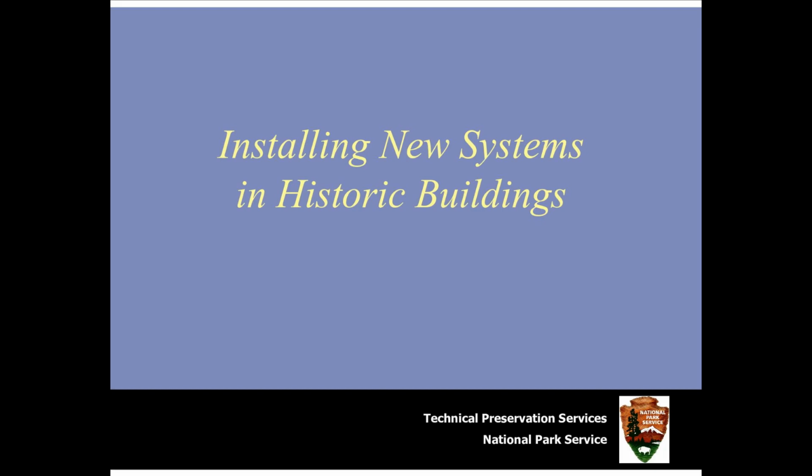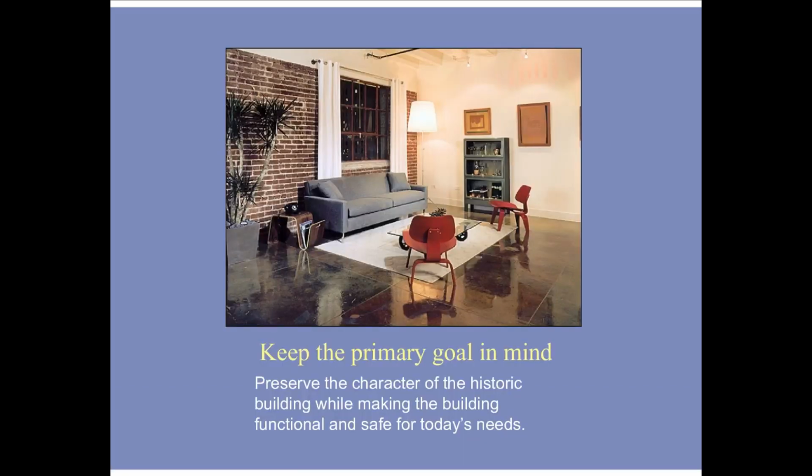All right. Next up is installing new systems in historic buildings. Keep the primary goal in mind. Please note here that the exposed brick was an existing condition in the building before the rehabilitation began.